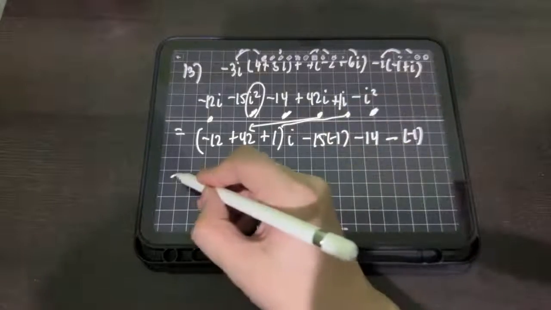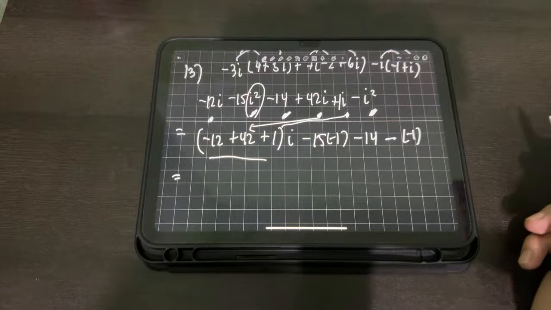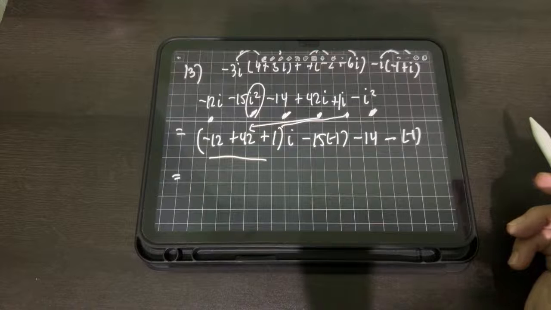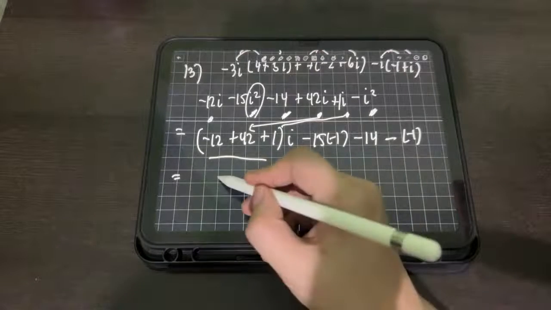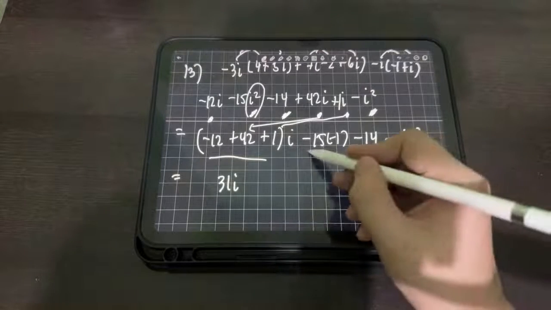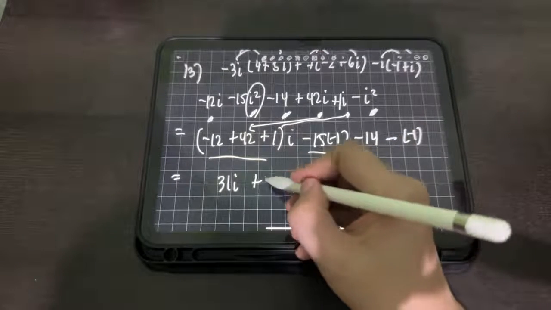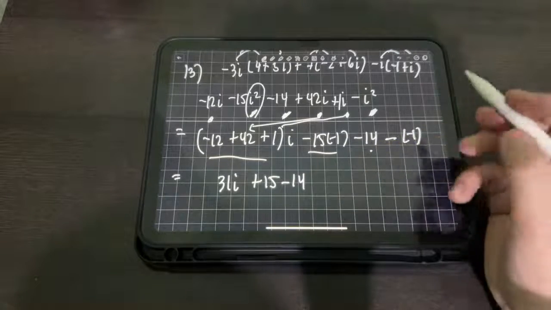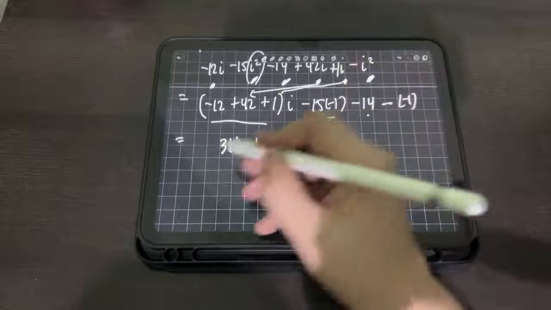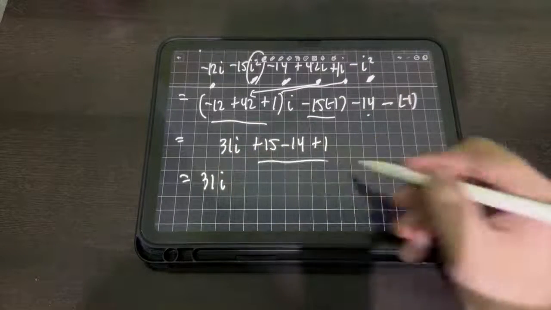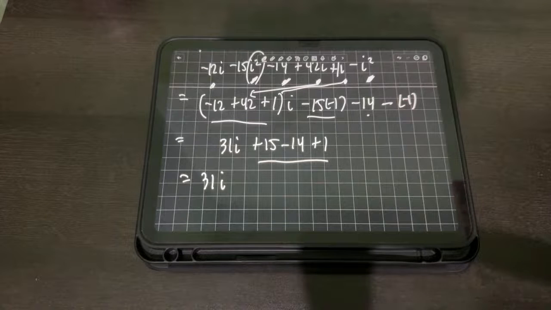Okay, so combine negative 12 plus 42 plus 1. That will be 31i. Then we will have negative 15 times negative 1. That's positive 15, minus 14, negative times negative 1, positive 1. So we can combine 15 minus 14 plus 1 because they are all real parts.